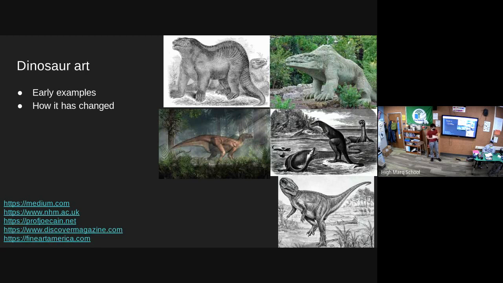So they based that design off of the iguana itself. And then for the megalosaurus, they thought it was very similar to the Komodo dragon. So they designed it kind of after that. They thought they were basically just big lizards. So they were trying to use the knowledge they had to try to create a better picture.